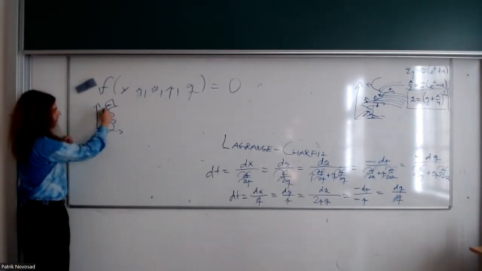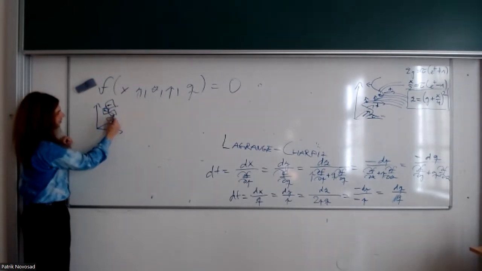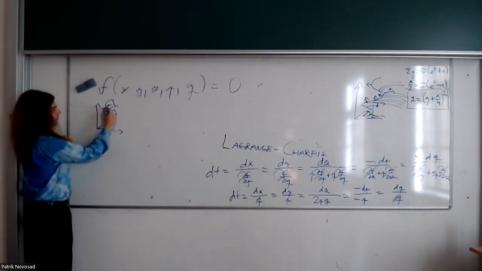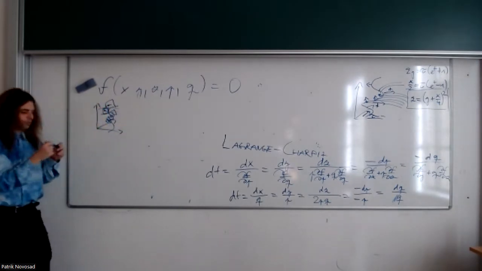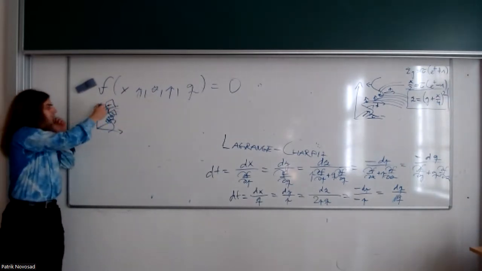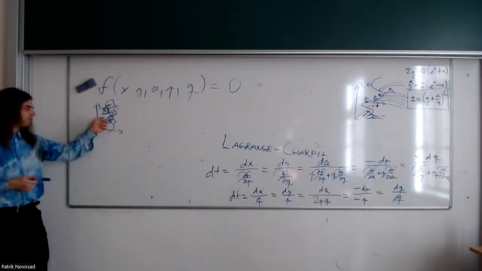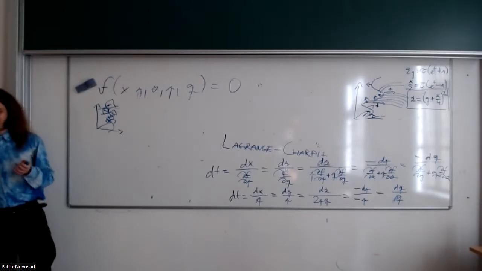And at each, well, it's really hard to draw. It would be a mess after all, but at each of those points, we get one of the surfaces that is coming through that point and tangent to the curve at that point.